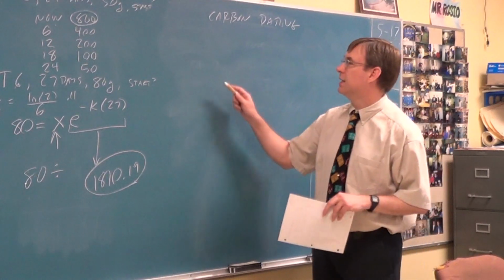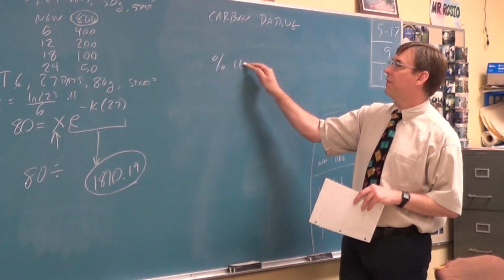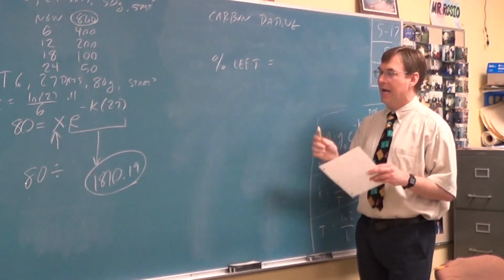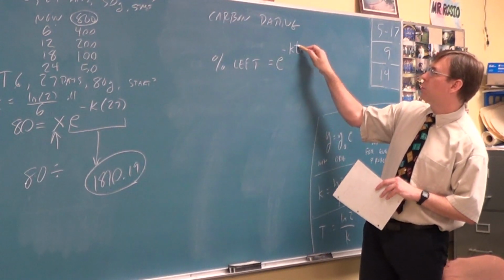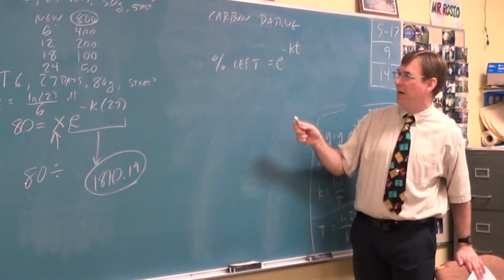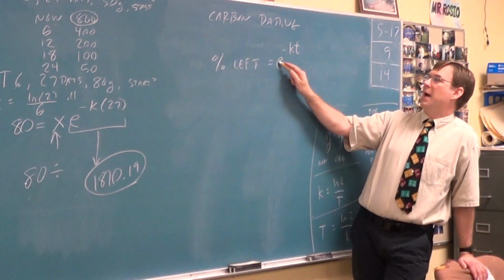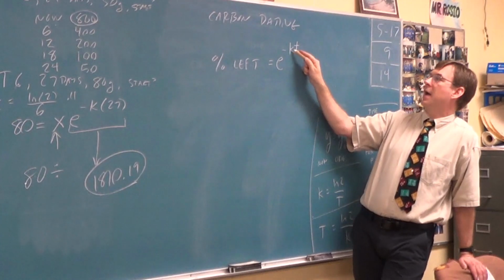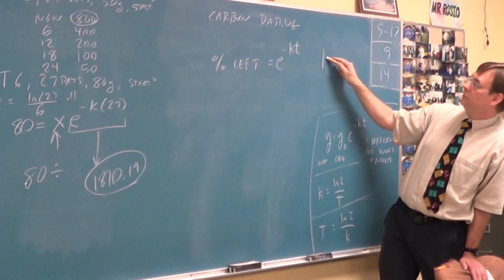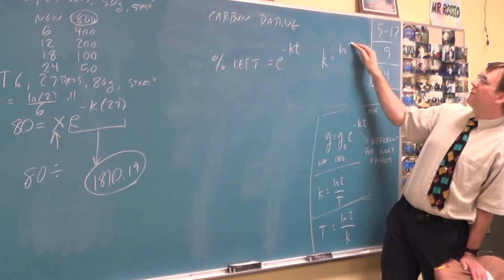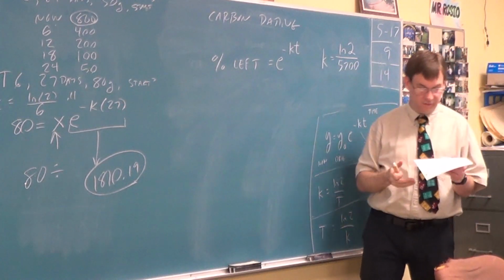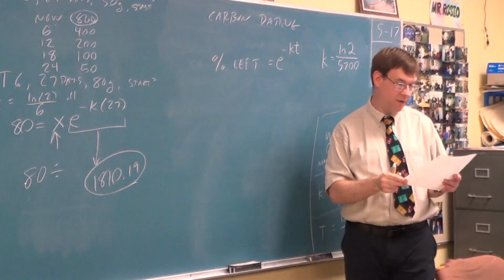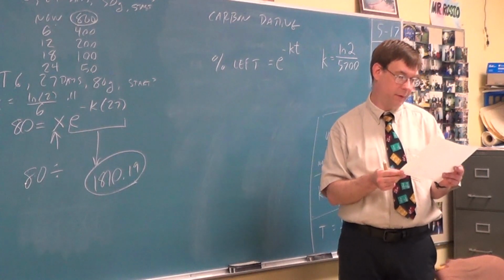The equation that does this: you figure out the percent of carbon that the thing has left in it, and it equals the same thing we've been equaling in a bunch of these other problems, E to a power with a negative K and T. The K for carbon is the ln of 2 divided by 5,700, because 5,700 years is the half-life of carbon.